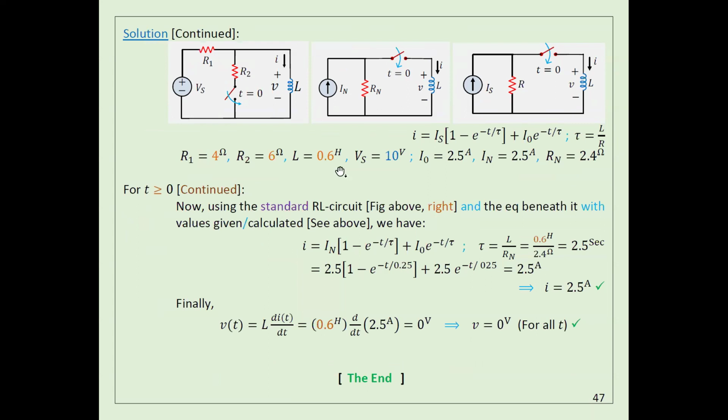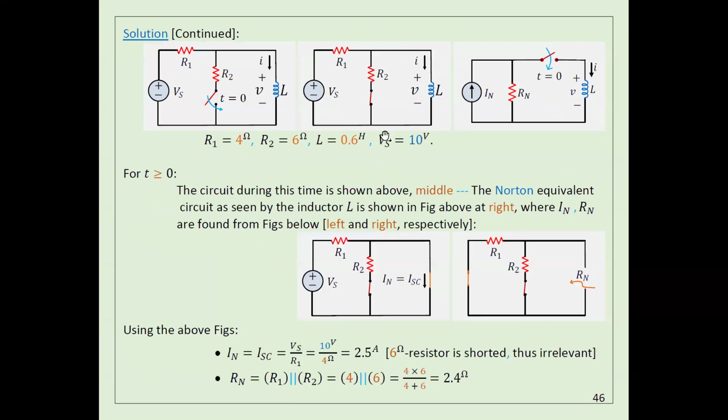This is an excellent question. Listen to me, guys. It is one I found some students made this mistake. Please listen to me. Let me go back here. In order to calculate Norton, I have to disconnect L completely. So I have to remove L, and then I have to make a short circuit just here.